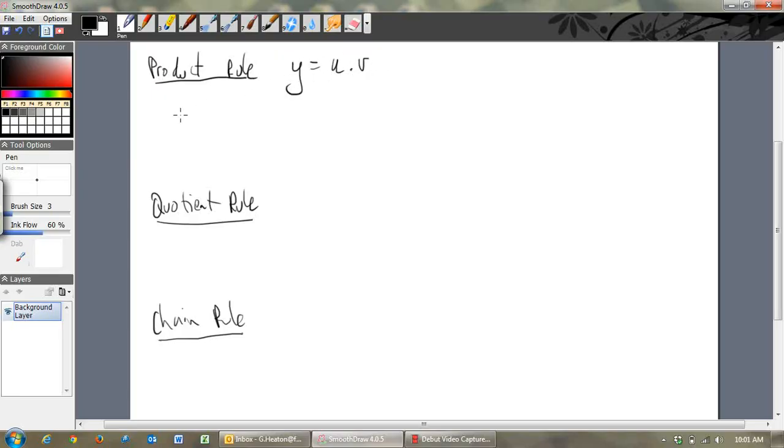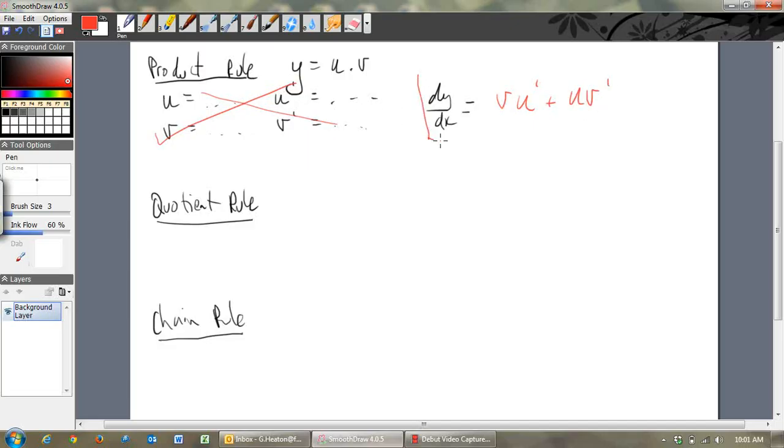Then you write down u equals something, v equals something, and over here you write the derivative of u equals something, derivative of v equals something, and dy by dx will be equal to this one times this one, so v u dash, plus this one times this one, so u v dash. So that's the product rule.